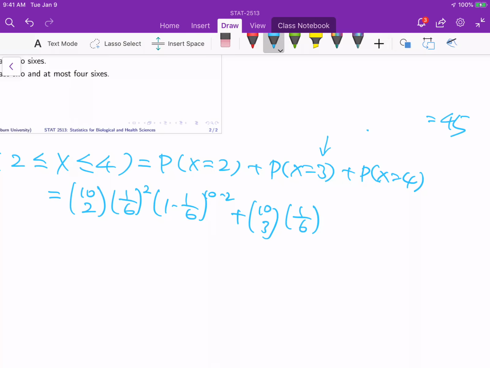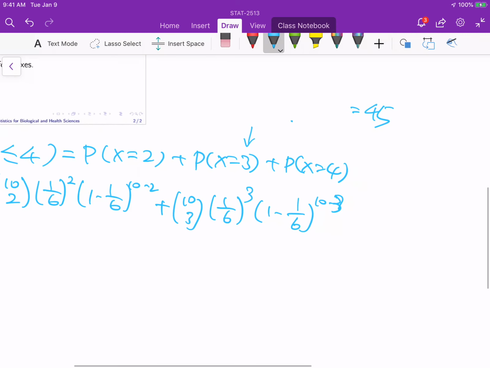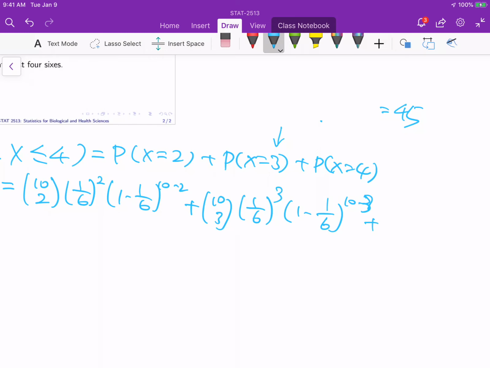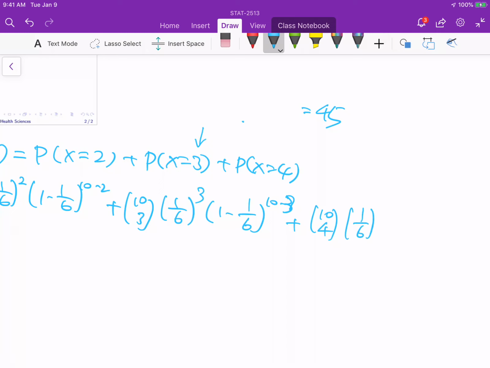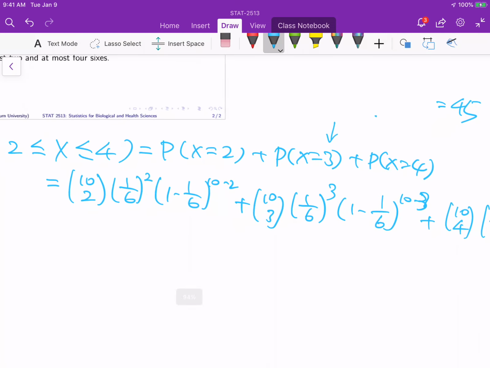So 1 over 6 to the power of 3, 1 minus 1 over 6 to the power of 10 minus 3, and plus 10 choose 4, 1 over 6 to the power of 4, and 1 minus 1 over 6 to the power of 10 minus 4, right?